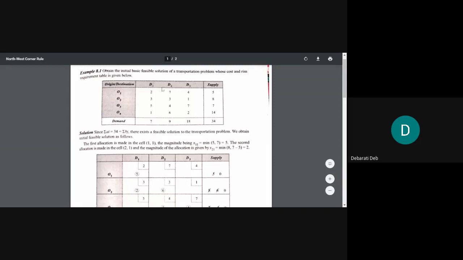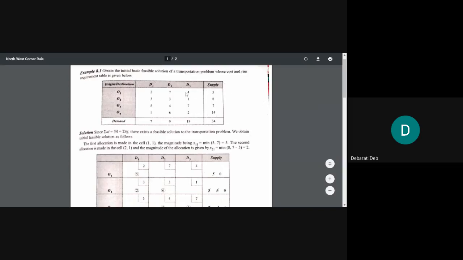And what are these figures inside the table? These are nothing but the costs. And what is the last column under supply? This is the number of units of the product that can be supplied from each origin.